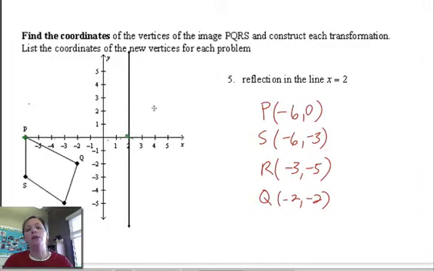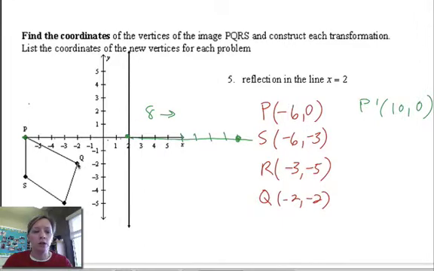So I need to go 8 units on the other side of the reflection line in order to find P prime. So 2 plus 8 is 10. That's 8 units away from the line. So P prime will be at 10, 0.